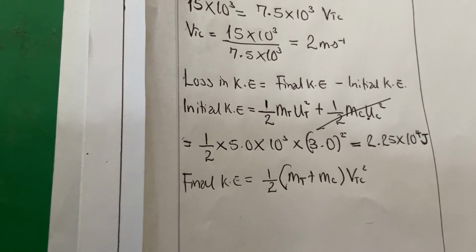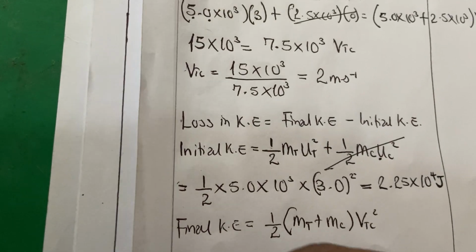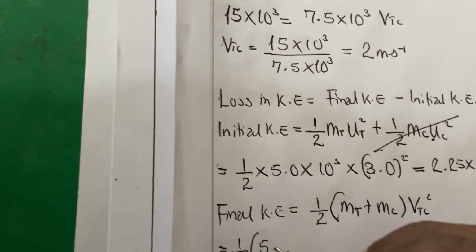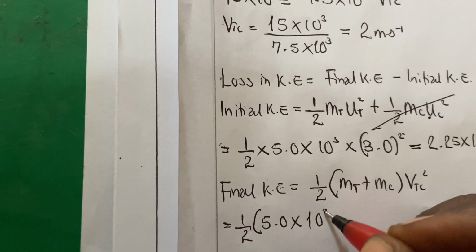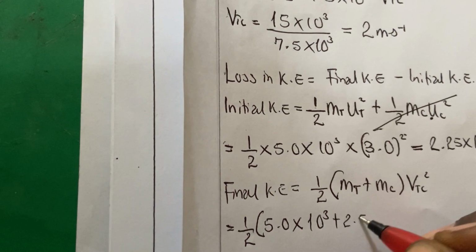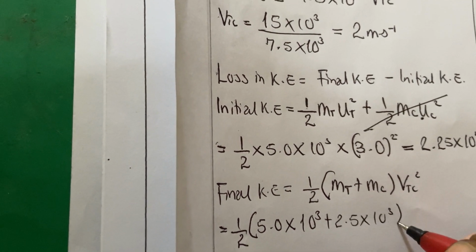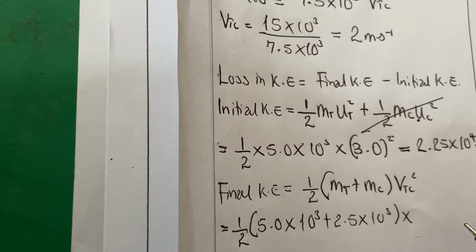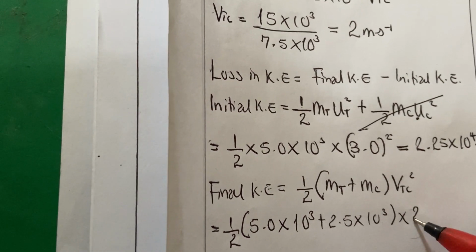So that's 1/2 times 5.0 times 10 to the power of 3 plus 2.5 times 10 to the power of 3, times the final velocity we got, 2 square.